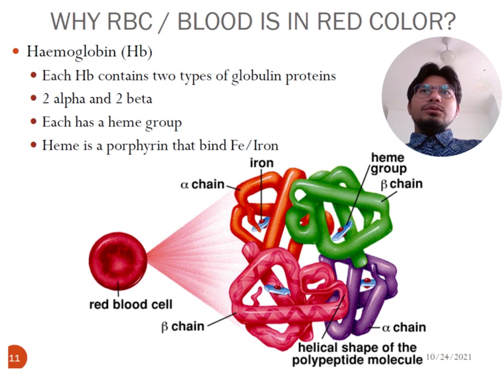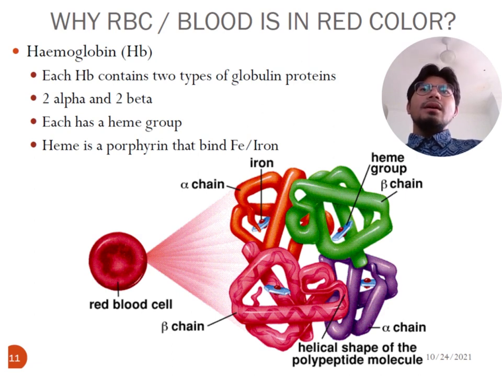There are two types of globular protein, which is 2 alpha and 2 beta, whereby each protein consists of a heme group that contains an iron ion, or ferrum. One ferrum can bind only to one oxygen molecule.